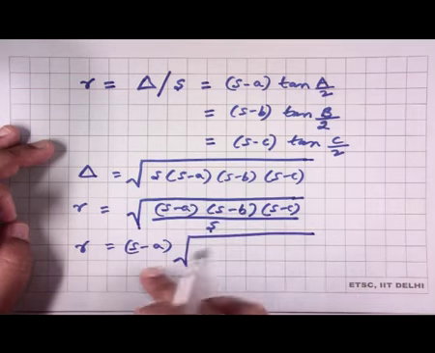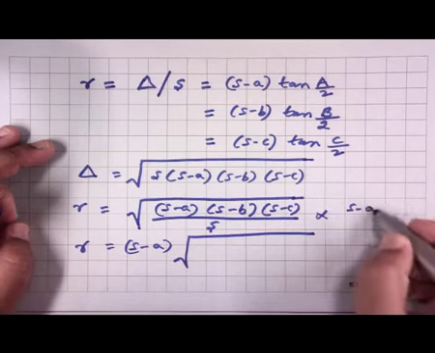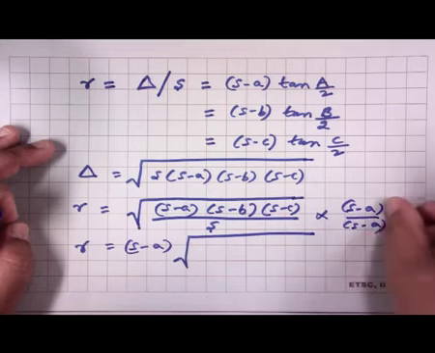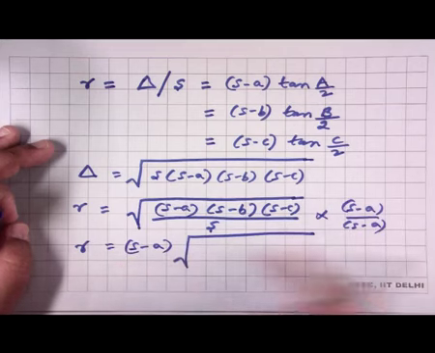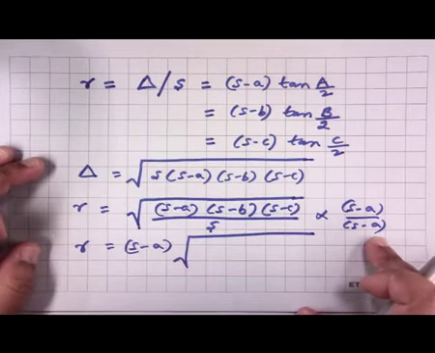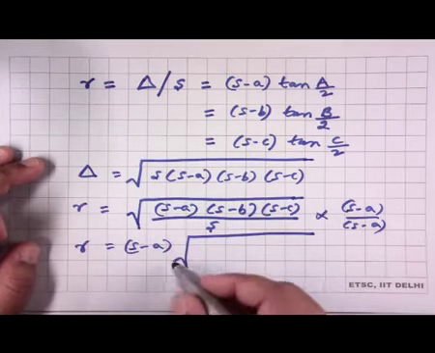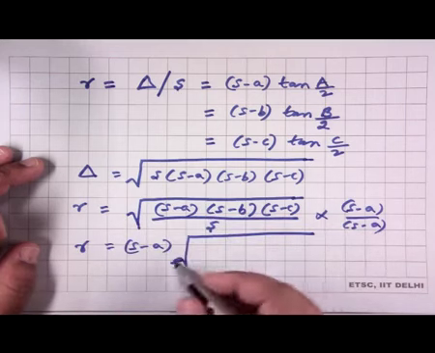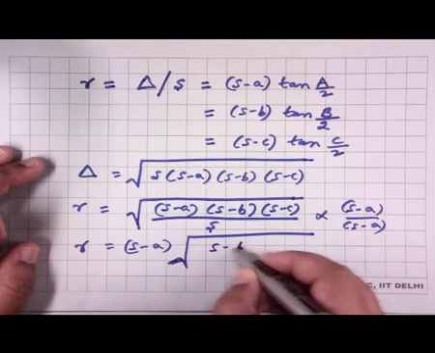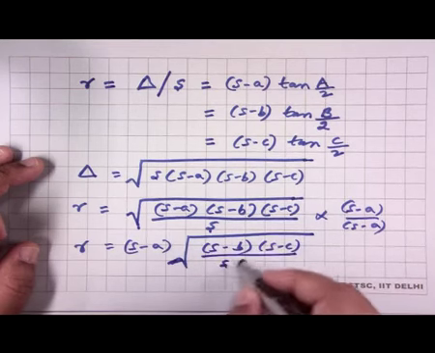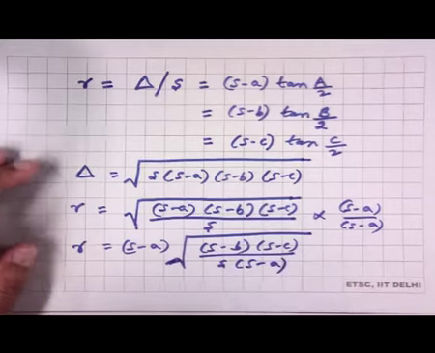The s minus a in the denominator, when it goes inside the square root, it becomes s minus a square, and therefore we get square root of s minus b into s minus c upon s into s minus a.